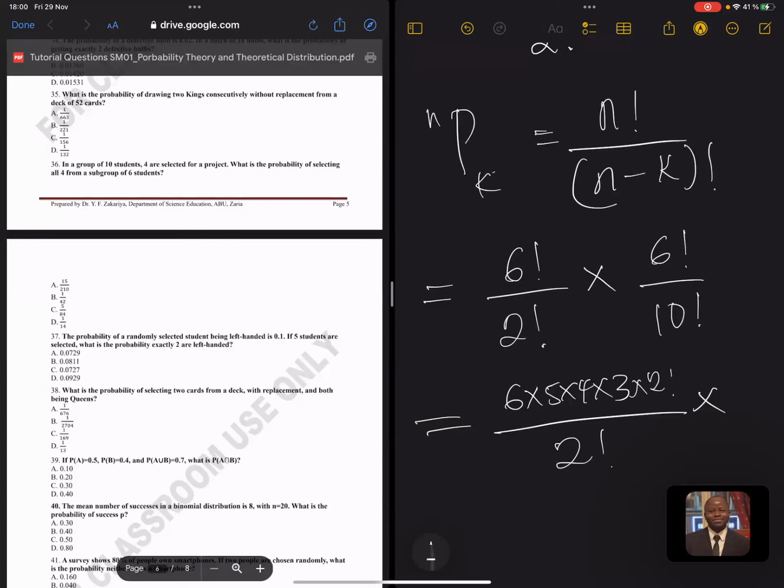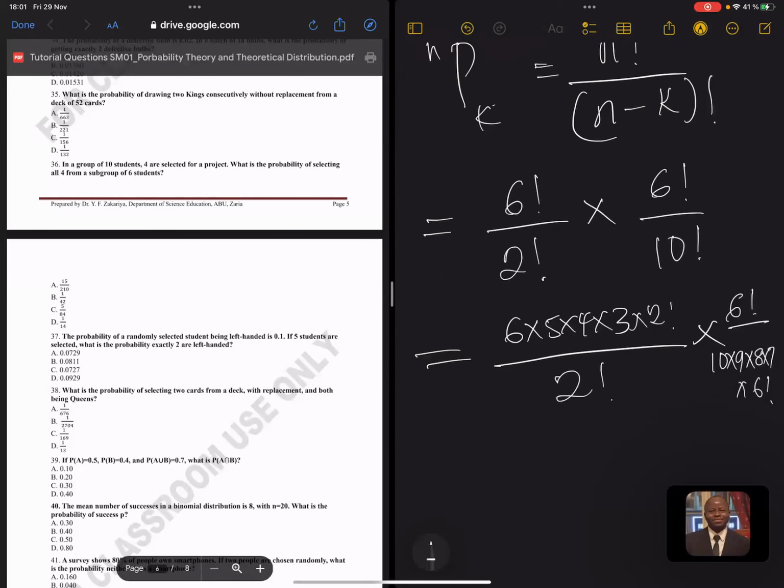Then multiply by 6 factorial over 4 factorial, that's what? 6 times 5 times 6 factorial divided by 10 times 9 times 8 times 7 times 6 factorial.